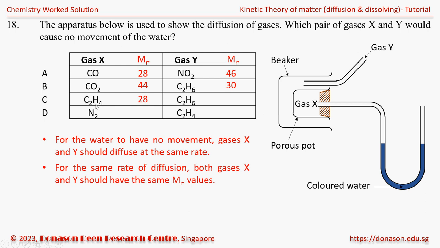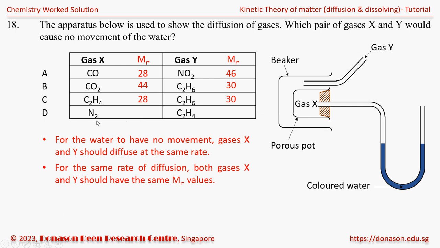This is the gas called ethene, so it has a relative molecular mass of 28. C2H6, just by looking at the formula itself, we can see there is H4 and this one has H6, so it's going to have 2 extra hydrogen, and that's going to add 2 more to C2H4, becoming an MR value of 30. So this gas is also not possible.